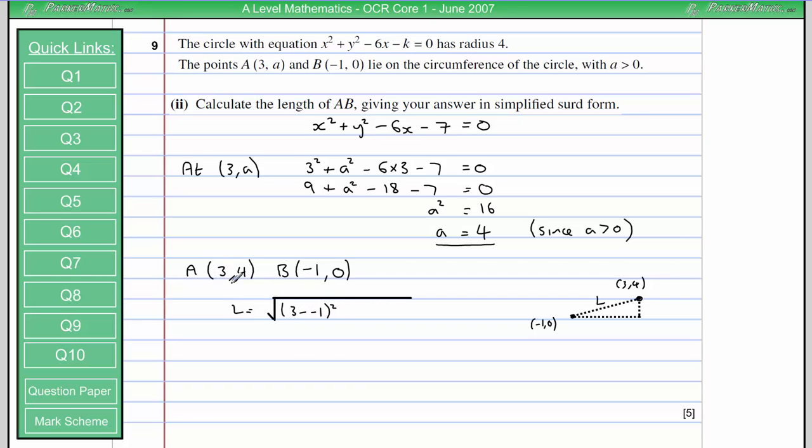So that's just the distance in the x direction along here. Doesn't matter which way round I do this. I could do this one, take this one, or I could do it the other way, as long as I'm consistent and I do the same thing for the x coordinates as I do for the y coordinates. So I've done a take away b here, which means for the other coordinate I need to do 4 take away 0.